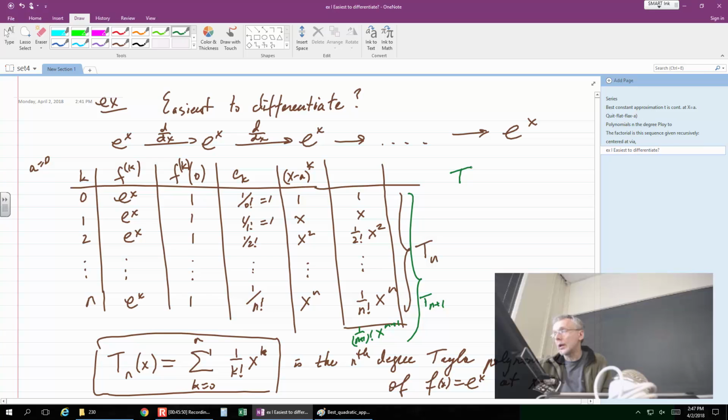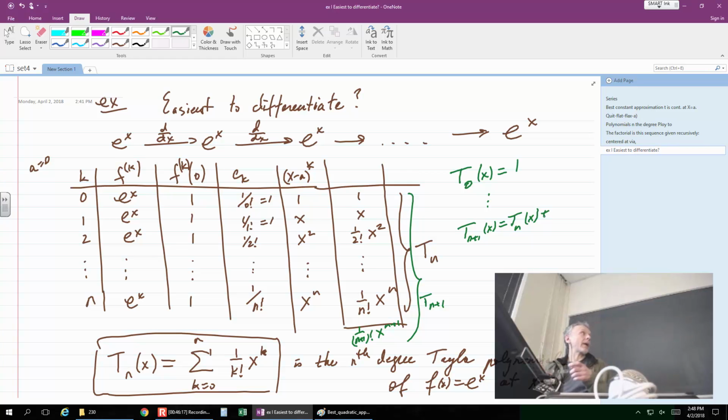So T naught of x is equal to 1, that's the starting point of the recursive definition, and then you say Tn plus 1 of x is equal to Tn of x plus 1 extra term. That's what's happening to Taylor polynomials, or any polynomial. We add one term at a time. We're not starting from scratch.